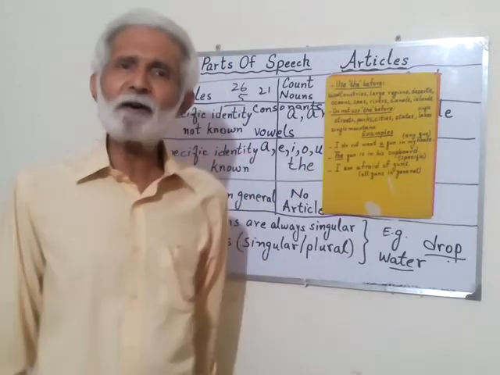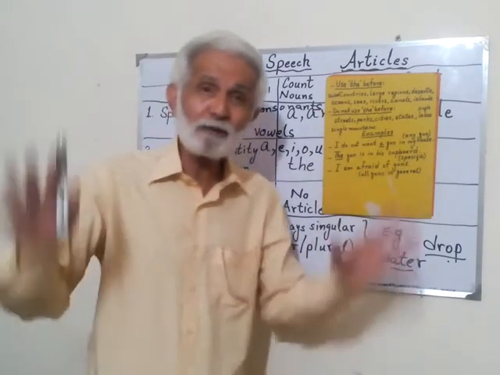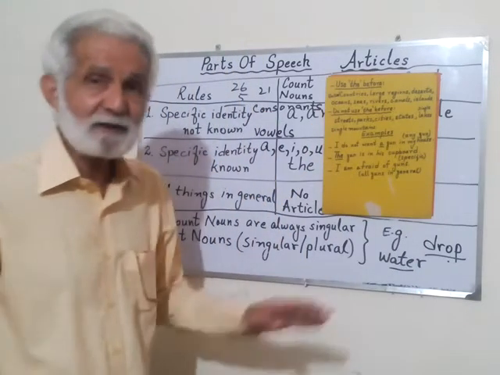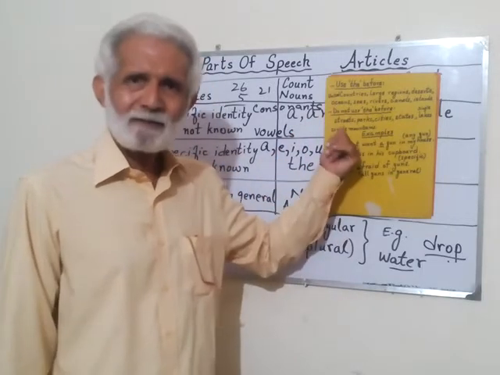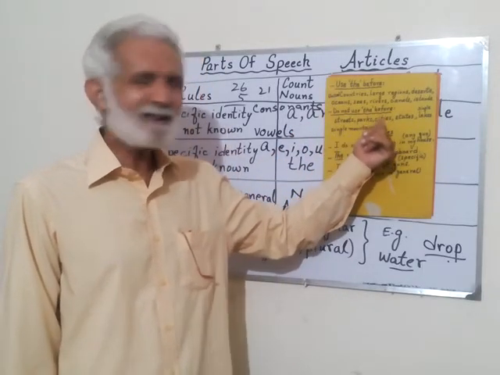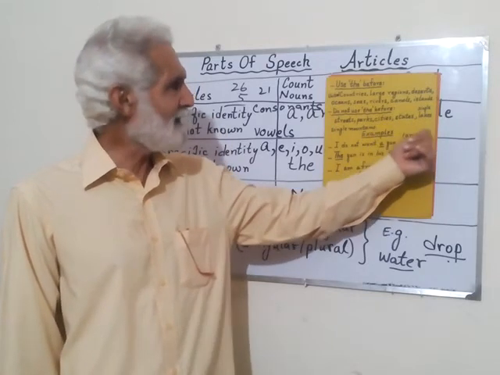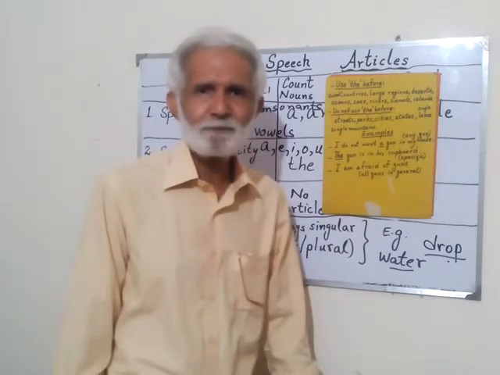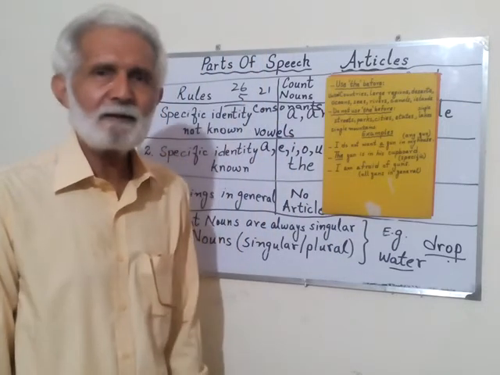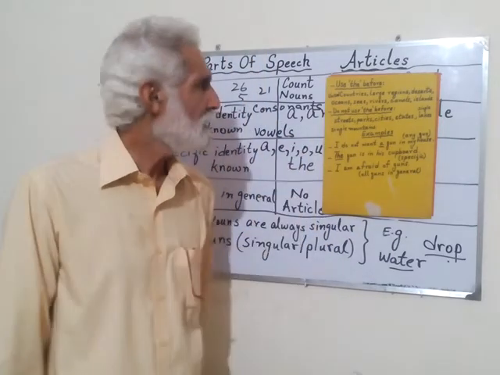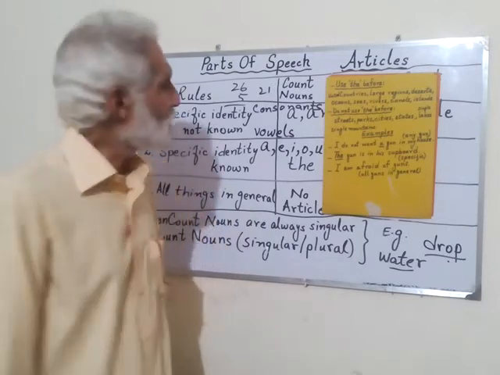We have to use the before these because these are all specific things. Then do not use the before streets, parks, cities, states, single lakes or single mountains. We are not going to use the before these nouns.